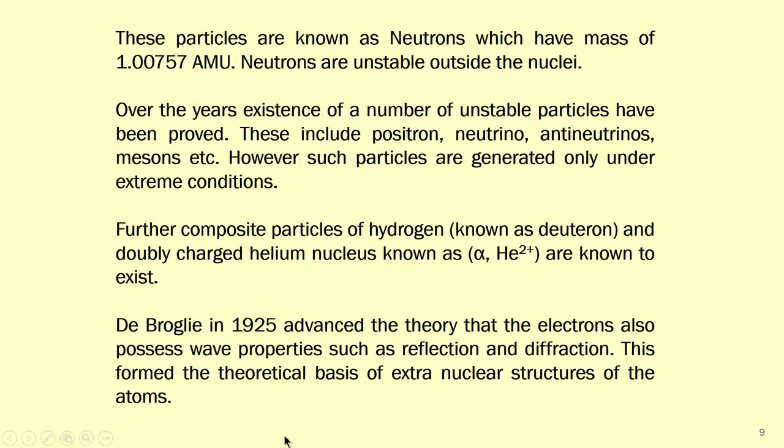So, in 1925 de Broglie advanced the theory that the electrons also possess wave properties such as reflection and diffraction. So, the wave properties mean what? The electrons move in waves, not in a straight line.